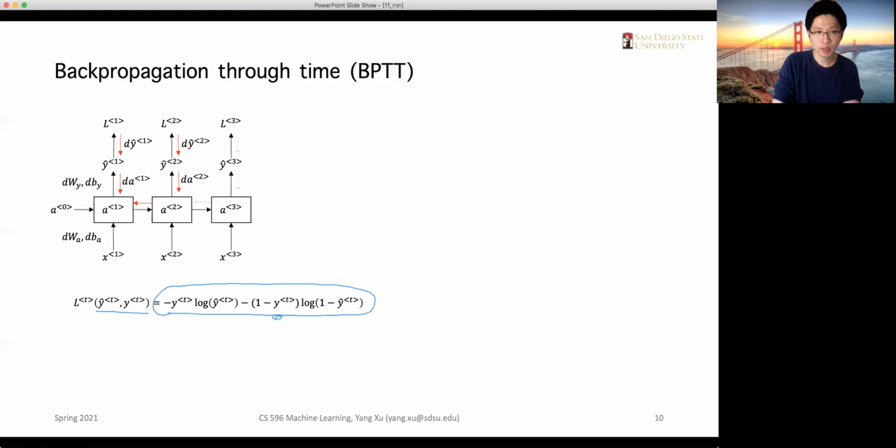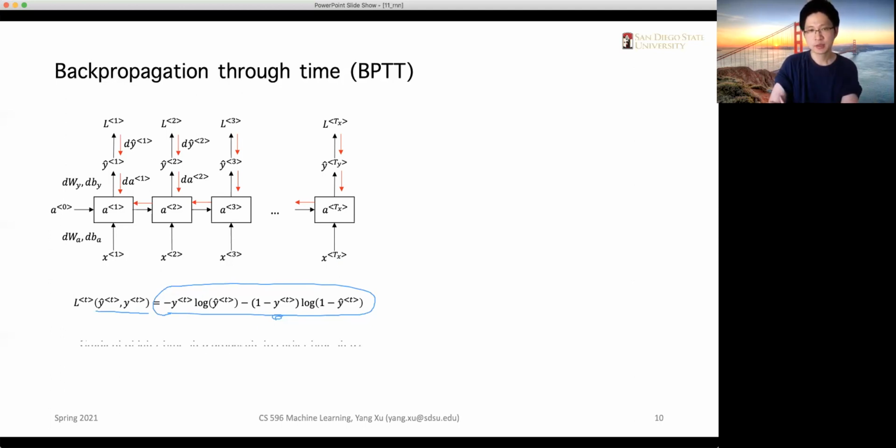Okay. And similarly, for the third time step, the gradients for dA3 will also back propagate to A2. And that applies basically to all the time steps afterwards. Even if we are computing the gradients for the last step, the gradients for that time step will back propagate all the way through the computational graph to the previous time step.